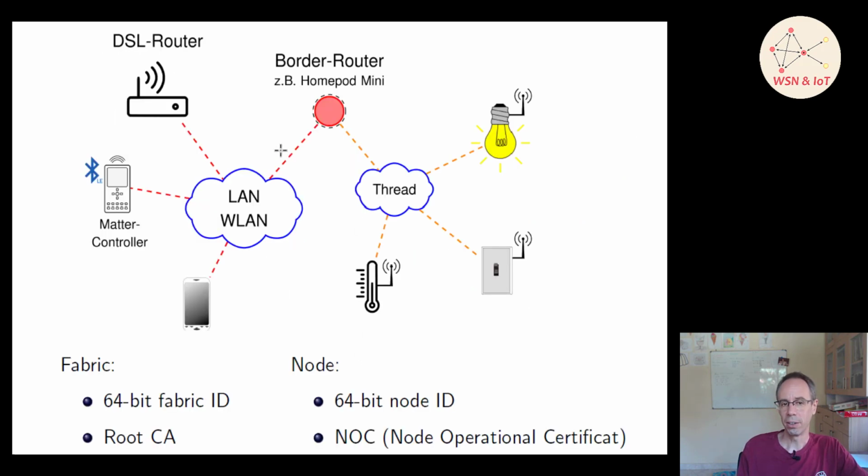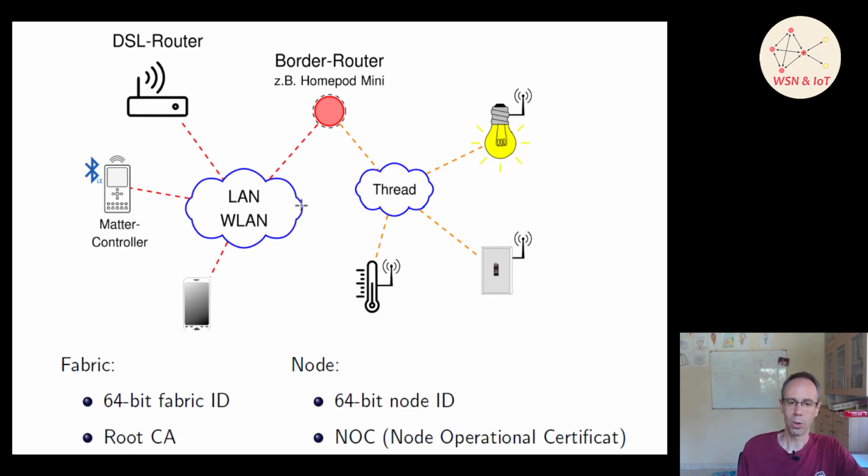And we're seeing here what a Matter network is. One Matter network is identified by, or has the name, fabric. It is identified through a 64-bit fabric ID and a root certificate, root CA. This is quite important. You need a trusted root which has a certificate.